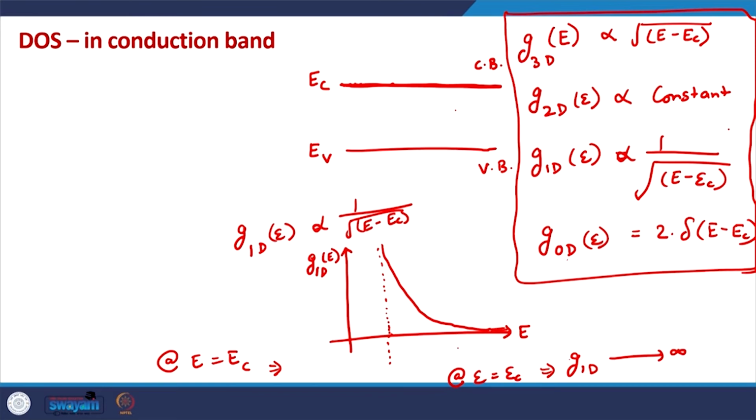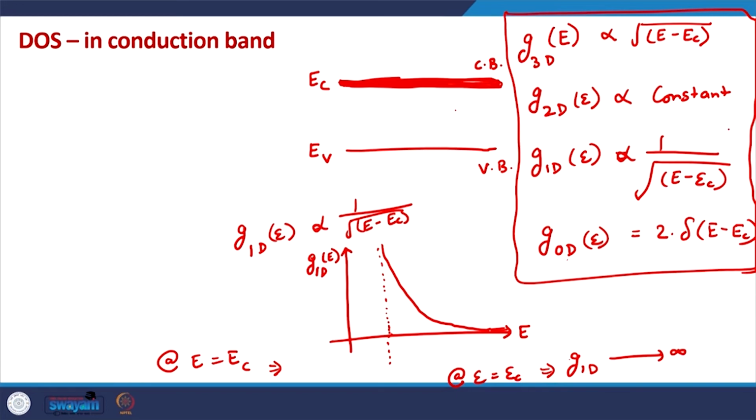What it means is that at the bottom of the conduction band an extremely large number of allowed electronic states exist. In fact, most of the electronic states exist just at the bottom of the conduction band, which means that in 1D solids most of the electrons stay at the bottom of the conduction band.